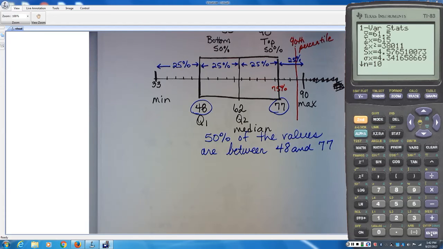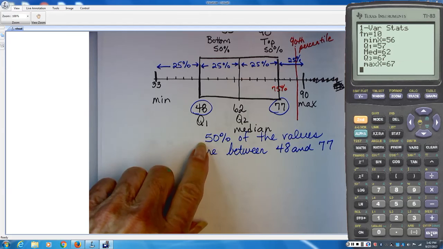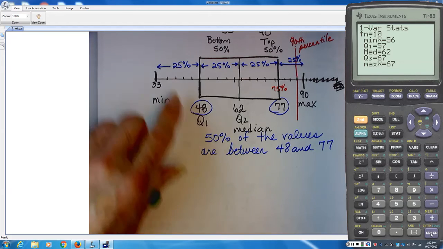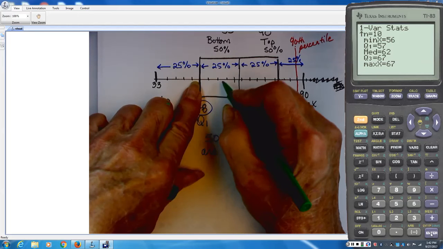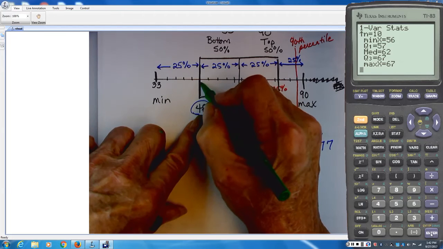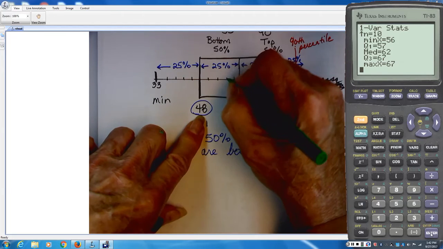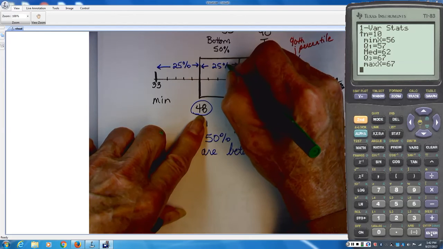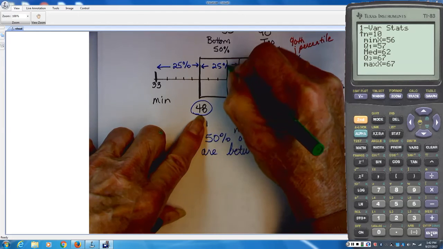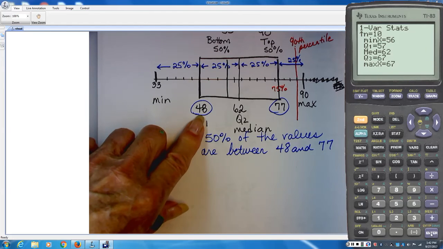So even though our mean's going to be in the same place, look where the first quartile is. The median is still at 62, but your first quartile is at 57. So that's 51, 54. Here's your first quartile for the other stock. And your third quartile is at 67.